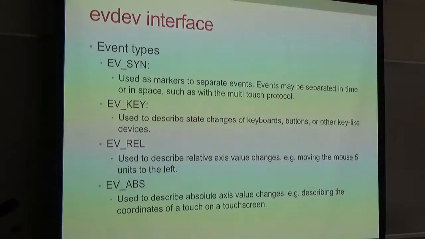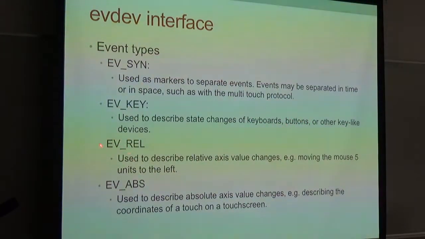As for event types, there are various event types. EV_SYN is used as a marker to separate events. Events can be separated in time or in space, such as with the multi-touch protocol. EV_KEY is related to changes of the keyboard buttons.